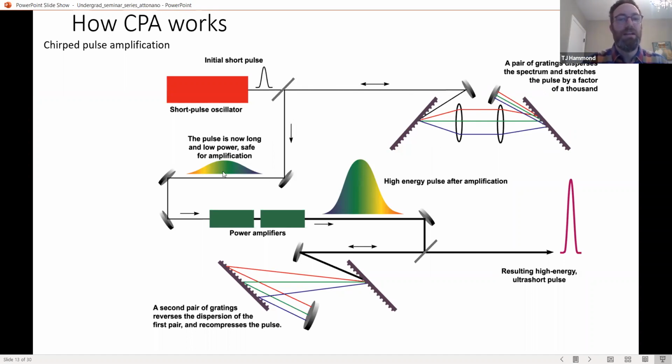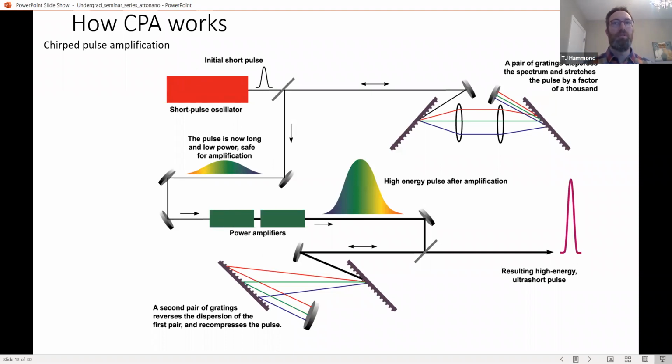So this pulse is now stretched out. You pass it into this power amplifier, and because you've stretched out this pulse by about 1,000,000 times, you can amplify this pulse by about 1,000,000 times. That's one reason why a laser oscillator can't produce very intense pulses: you'll actually destroy the material that is making the laser itself. If you have some kind of crystal, it can only handle so much intensity.